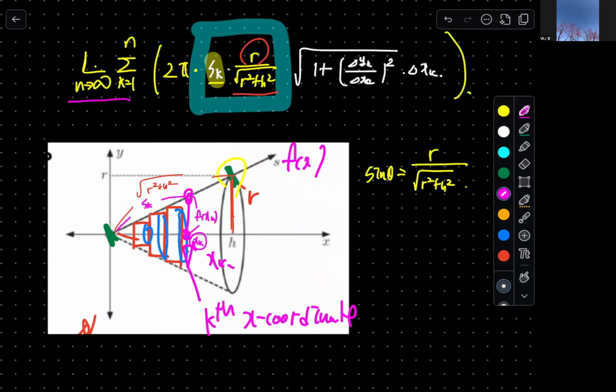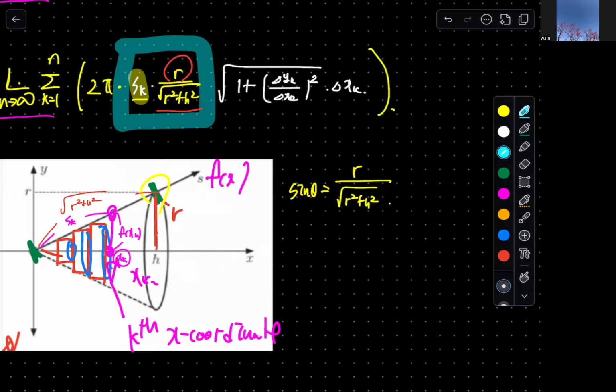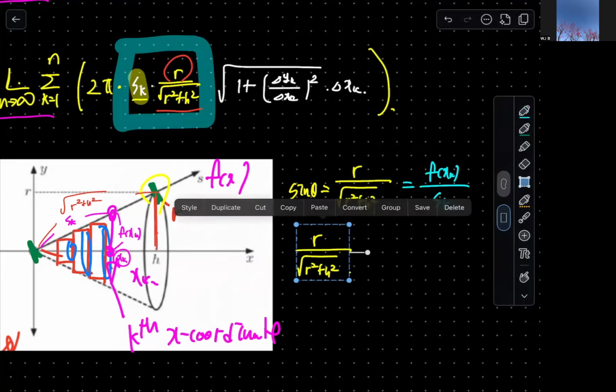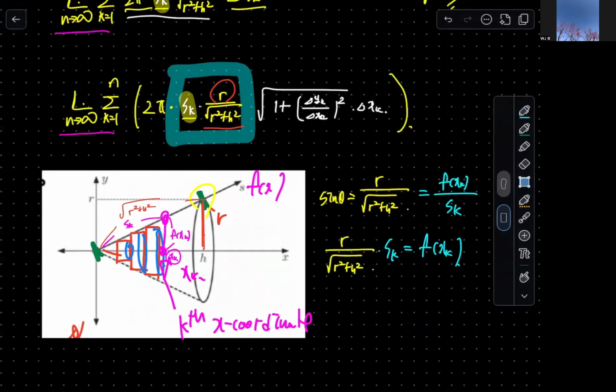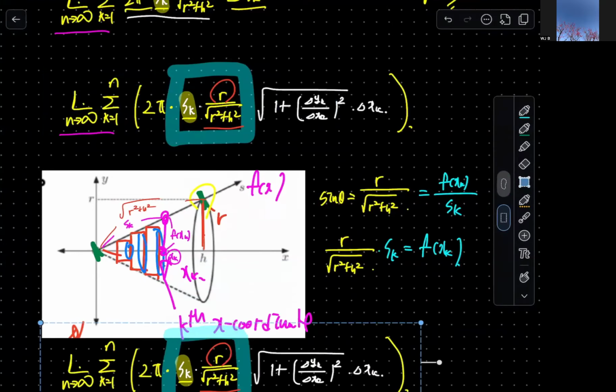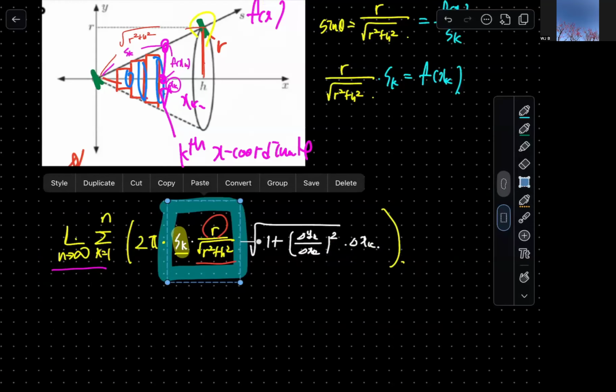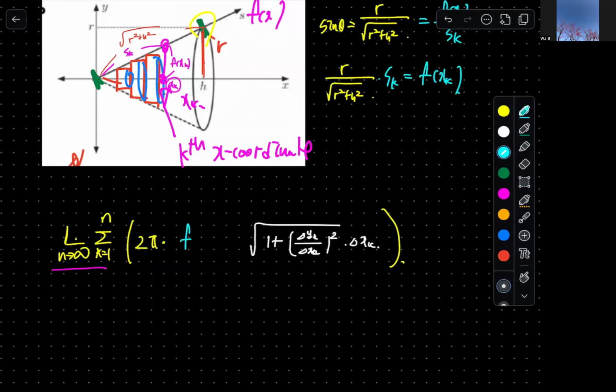Even though the length changed, because of similarity the ratio must be the same. I should have this as function of xk over sk. With that understanding, you realize that this ratio times sk becomes function of xk. Therefore, in this arc length formula, I can change the box into the function of xk.